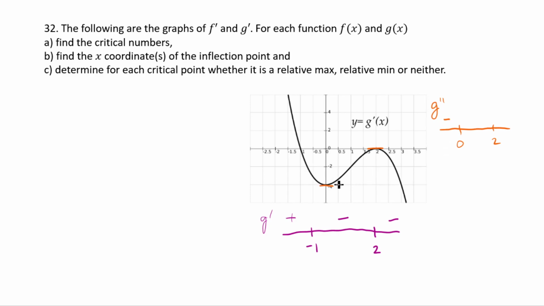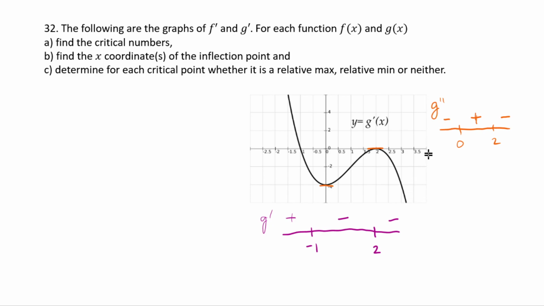Here, the graph is increasing, therefore the derivative of g prime, which is g double prime, must be positive. You know that, right? So between 0 to 2, the g prime is increasing, therefore its derivative g double prime must be positive. And then after 2, g double prime is negative because g prime is decreasing.